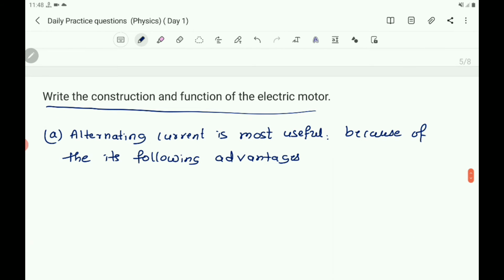So you write first one, the generation of AC is more economical than DC.